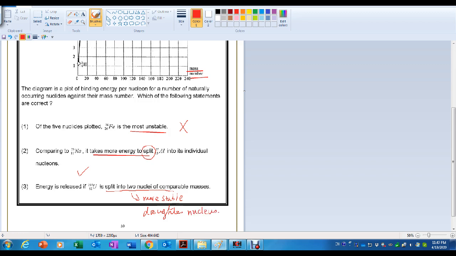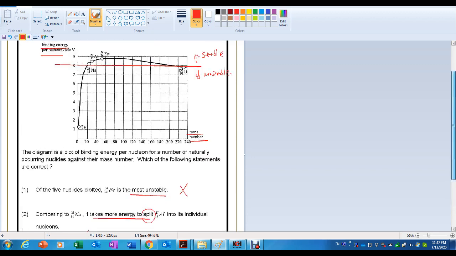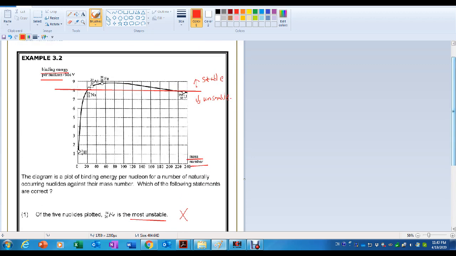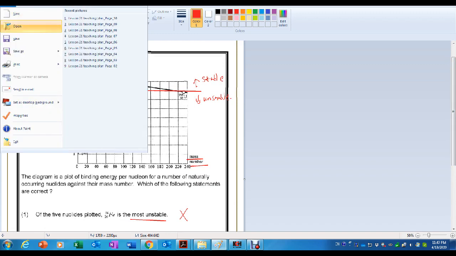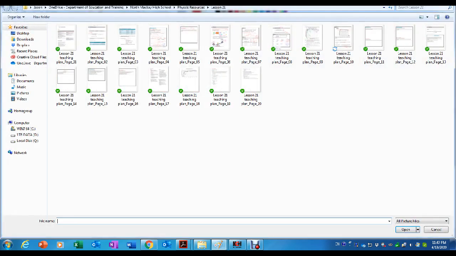If you have a more stable daughter nucleus, it means you release energy. So that's correct, because when you split up, the size becomes smaller, and the position of uranium suggests that when the size becomes smaller, it becomes more stable. And more stable means it has to release energy.